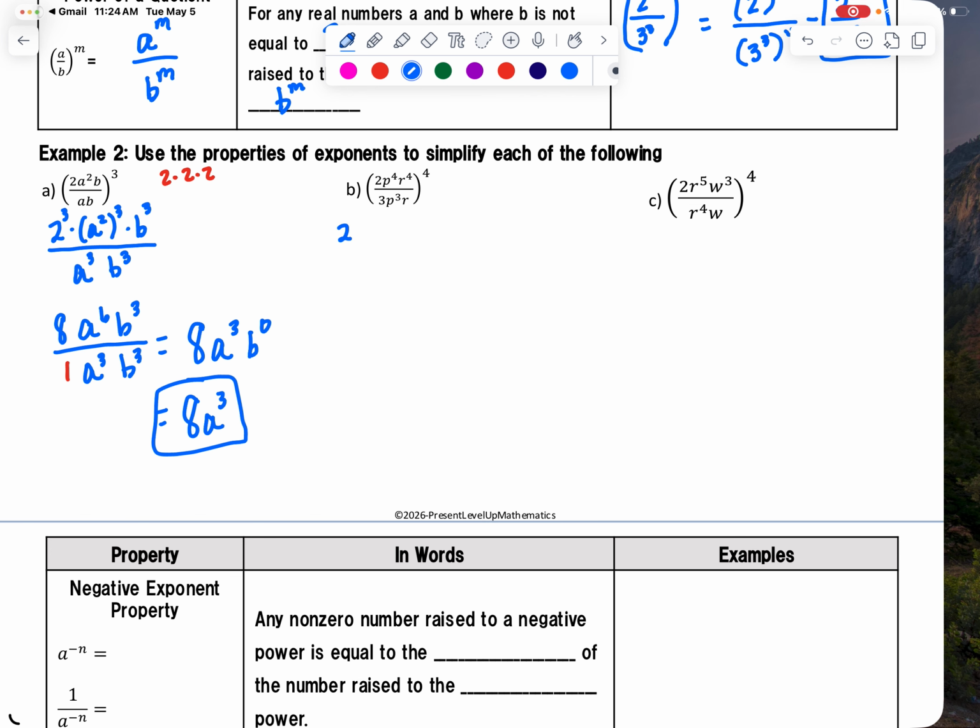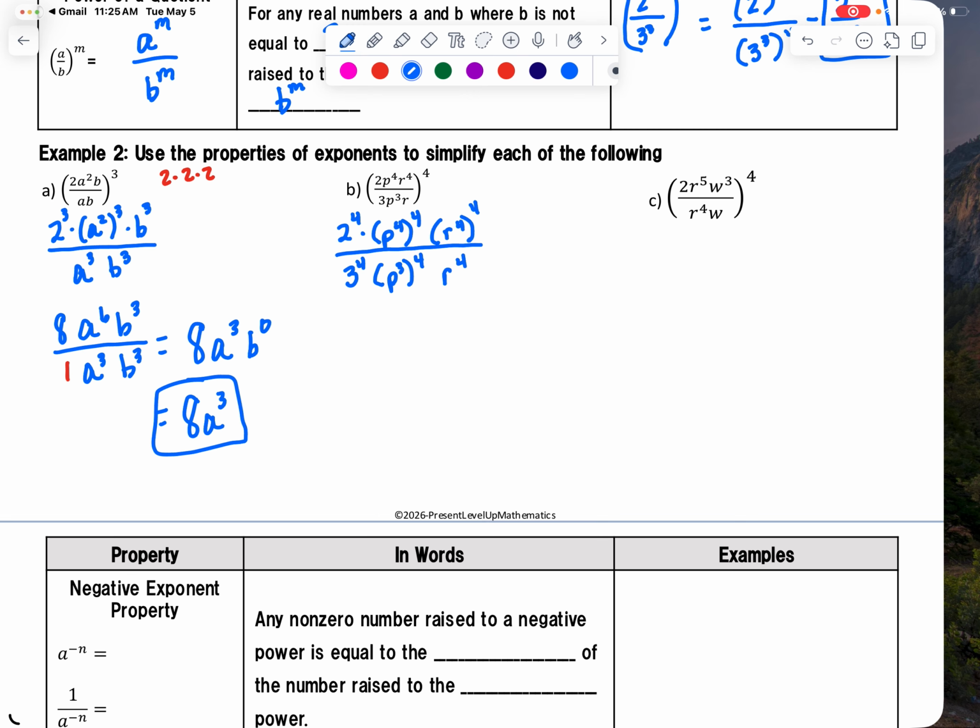We would have 2 to the 4 times p to the 4 raised to the 4 times r to the 4 raised to the 4. All right, in the denominator, we would have 3 to the 4 times p cubed raised to the 4, and then r raised to the 4.